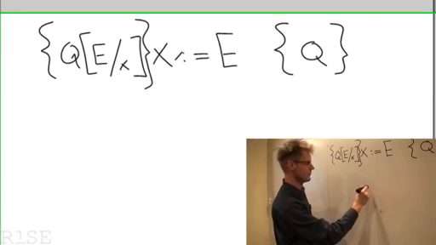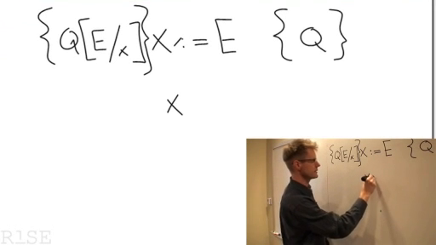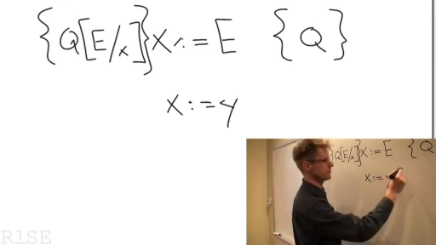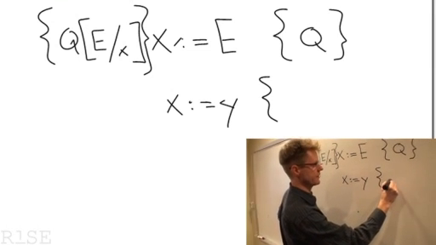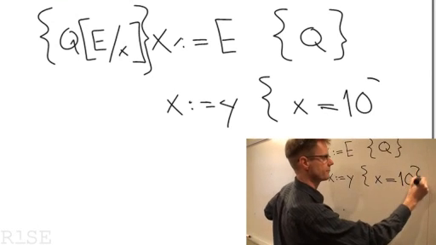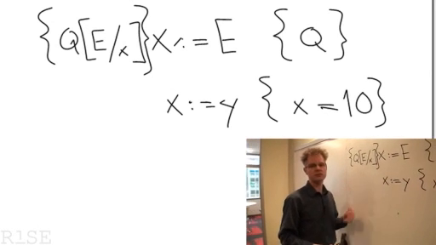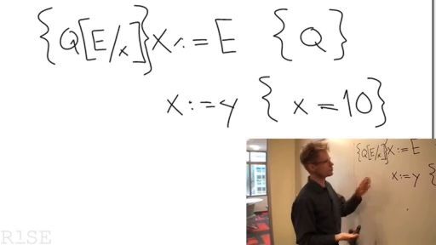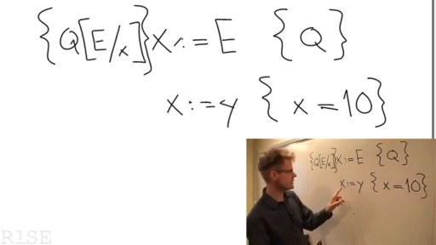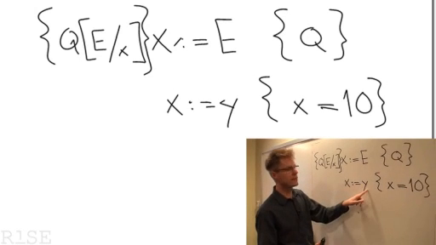Okay, suppose that we have the program statement X gets Y. And suppose that we want this program statement to end in a state satisfying X is equal to 10. All right, what is the initial state that we need to start in? Well, the rule says just take the postcondition and replace the variable that's being assigned with the right-hand side.